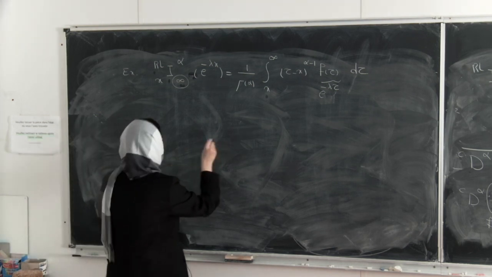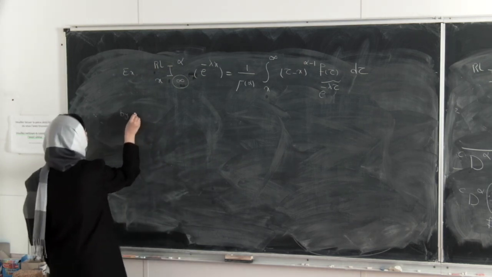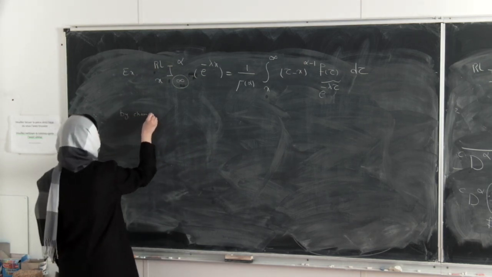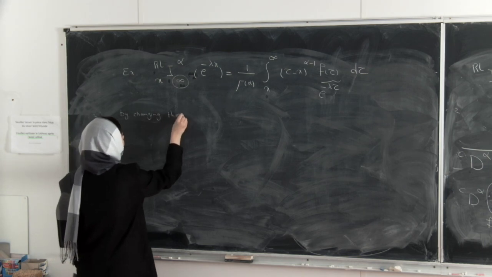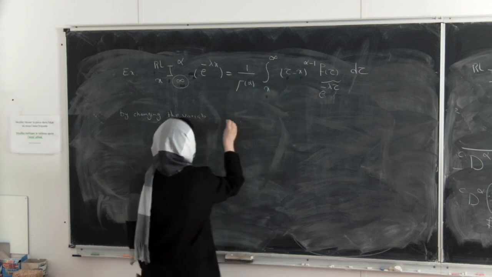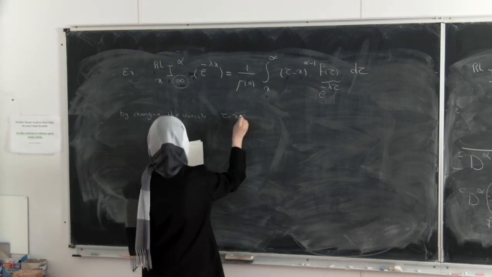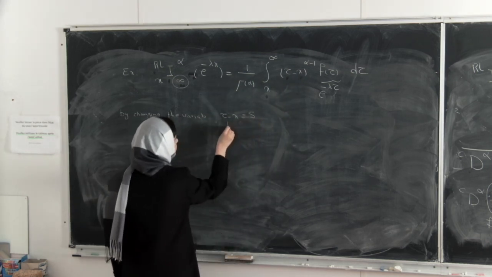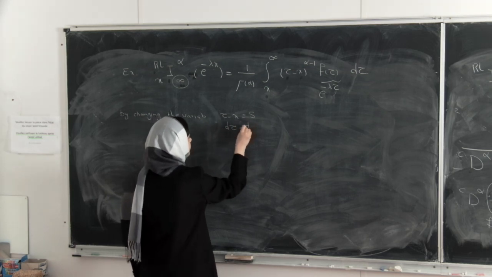Okay, now here by changing the variable, tau minus x equals s, so we have d tau equals ds.